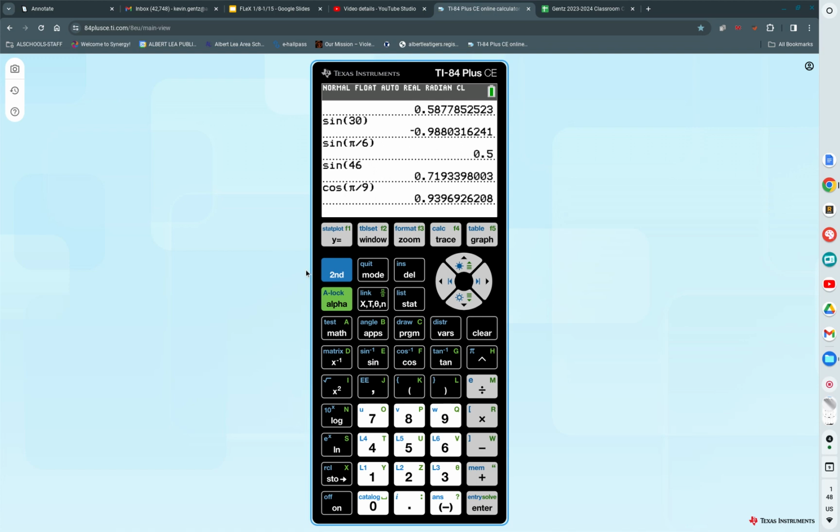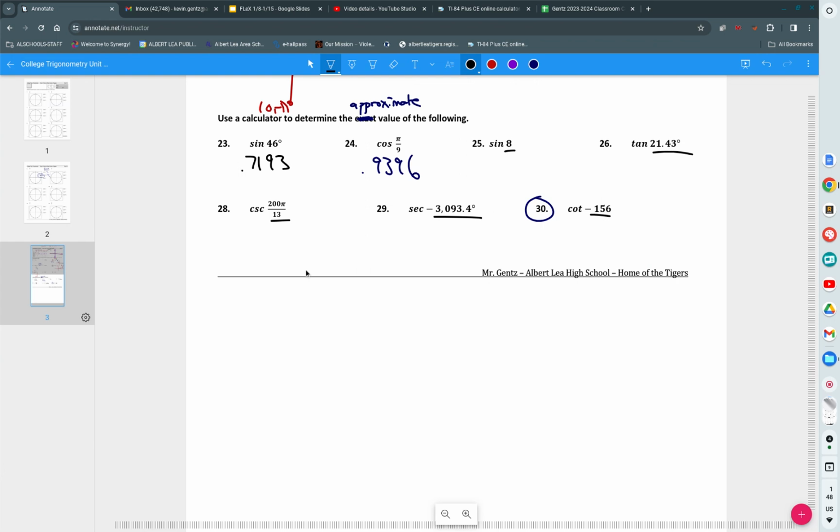And now I notice that I have sine, I have cosine, I have tangent, but I don't have a button for cotangent. So the way that you type that in is cotangent is the reciprocal of tangent. So we type in 1 divided by the tangent of negative 156.